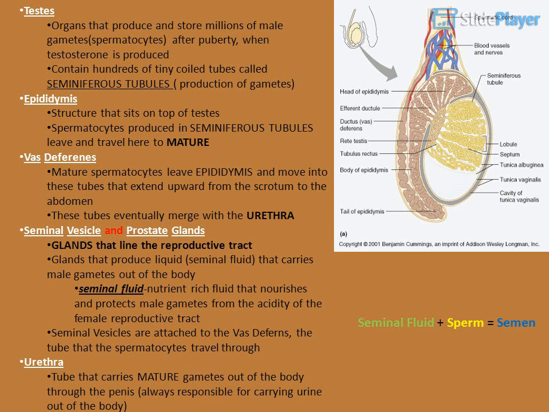Vas deferens. Mature spermatocytes leave the epididymis and move into these tubes that extend upward from the scrotum to the abdomen. These tubes eventually merge with the urethra, seminal vesicle and prostate glands. Glands that line the reproductive tract produce a liquid, seminal fluid, that carries male gametes out of the body.